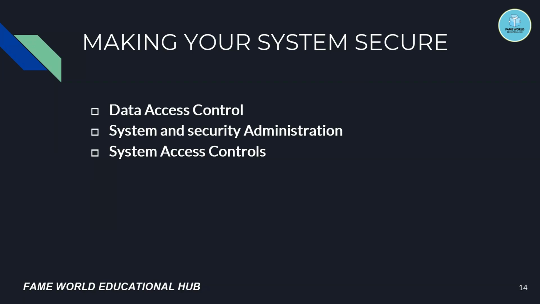System access control means the complete computer system has the access control, and different users can be created in the same system, and data access is different. In data access control, we are talking about the data only. Then system design: what are the design patterns, how the architecture is created.